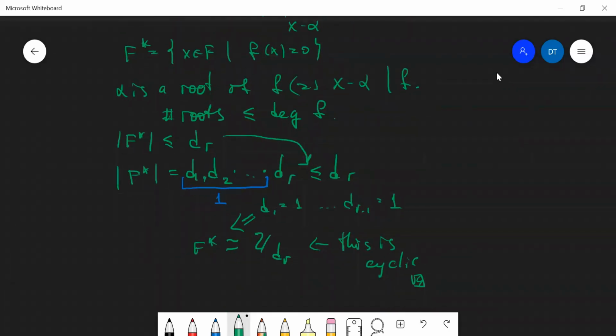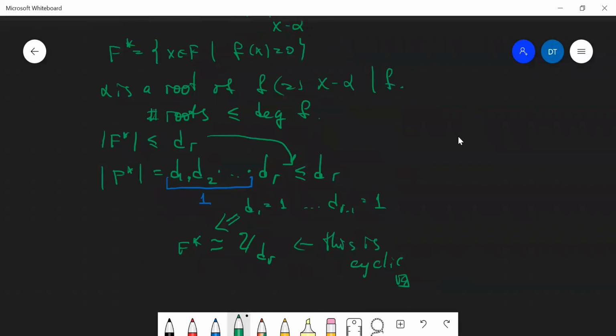If we take some ring R, then R star is just R without all its zero divisors. R star is the set of invertible elements, but in case of a field, only zero is not invertible, so F star is the set of all non-zero elements here.